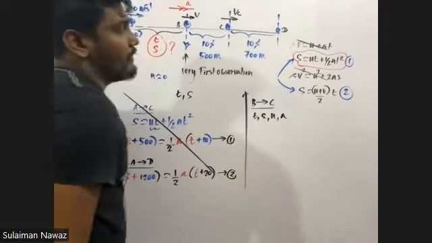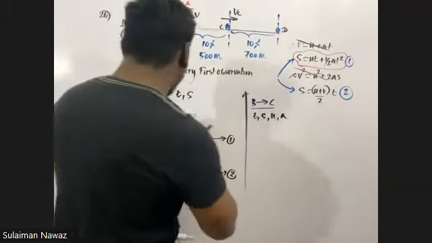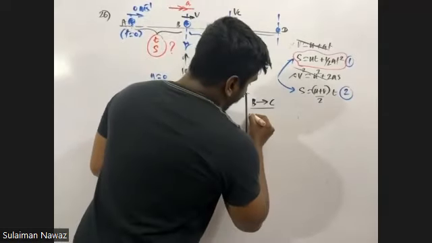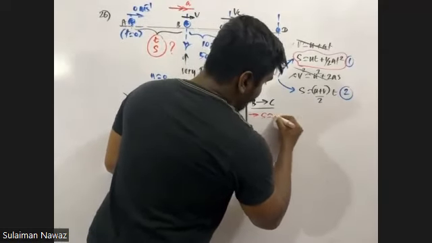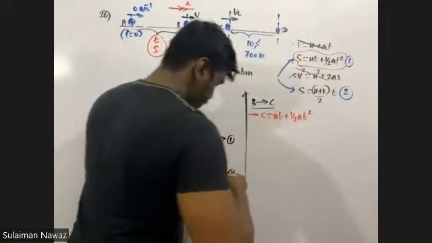So S equals ut plus half at squared, right? If I apply the same equation from B to C, look at it: S equals ut plus half at squared.